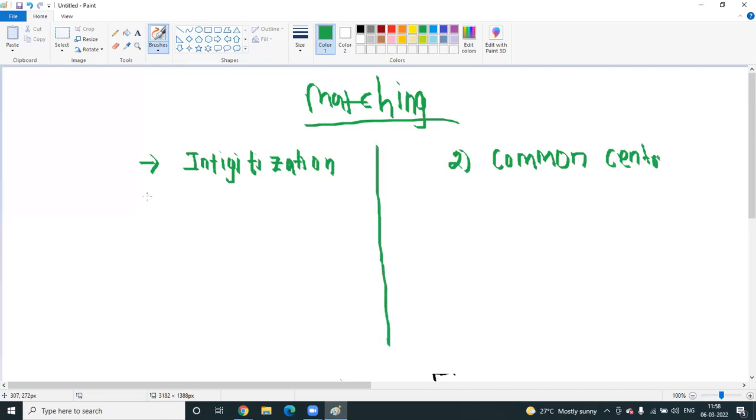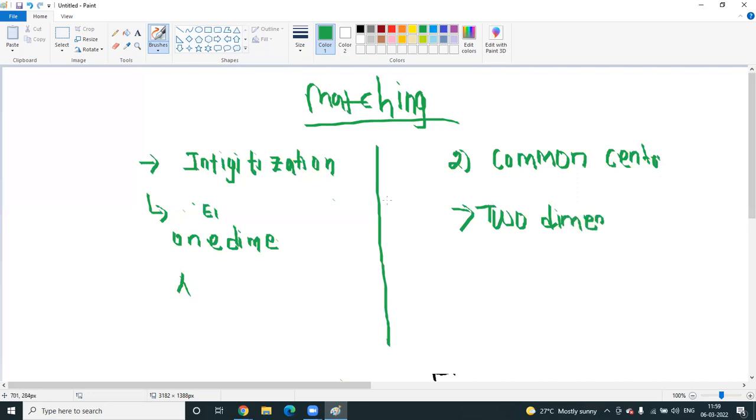Interdigitization matching is done along one axis, either x or y. This is called one dimension. Suppose A equal to 4, I'll write A like this, so only one row or one column. That is called one dimension. But common centroid is two dimensions. Understand? This is the basic difference.